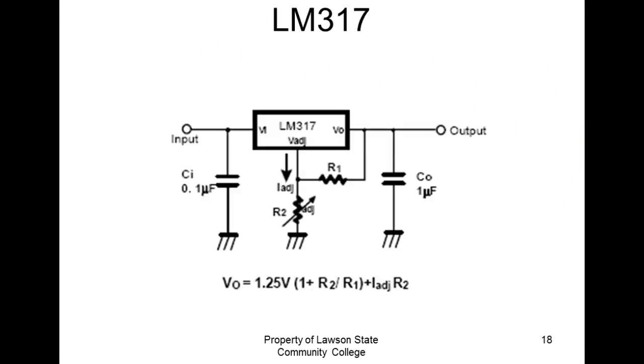This is another neat guy. This is an LM317. An LM317 is a variable regulator, and this is what I've got on my power supply. Now this is what's in the power supplies inside the trainer. There's a lot of electronics inside these things. You can look up a 7805 and there's a lot of electronics in there.